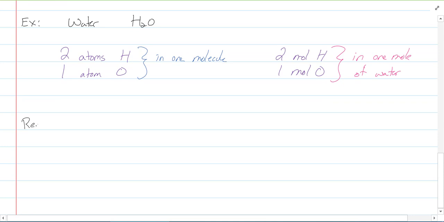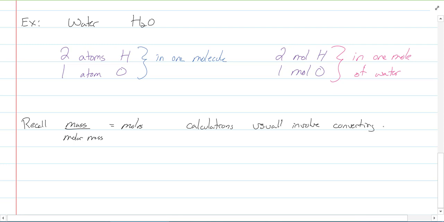Recall that mass divided by molar mass equals moles. Calculations usually involve converting a mass ratio into a mole ratio.